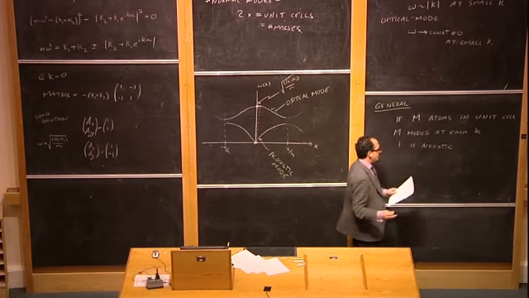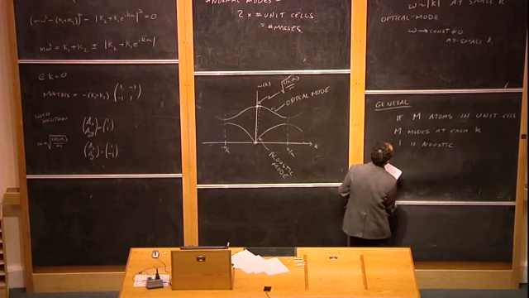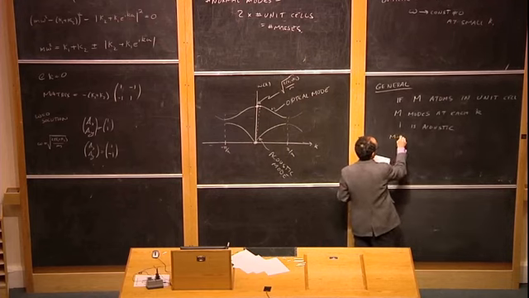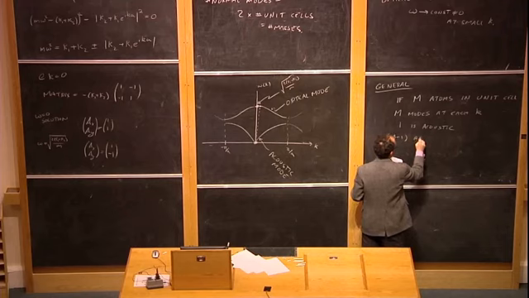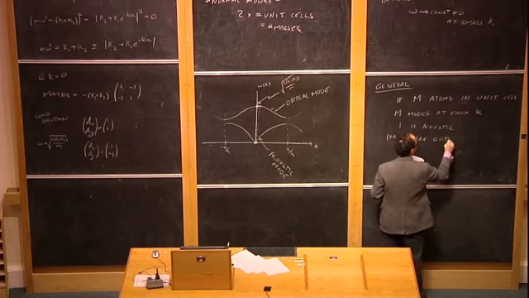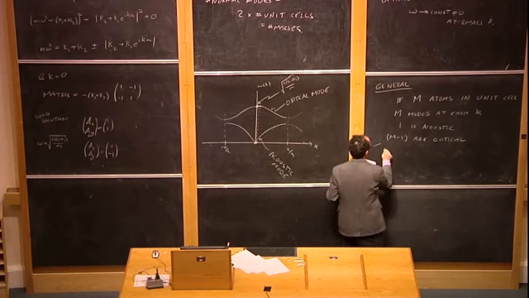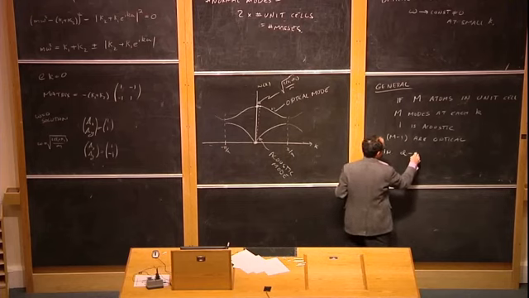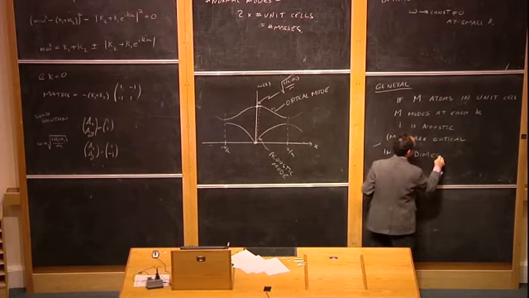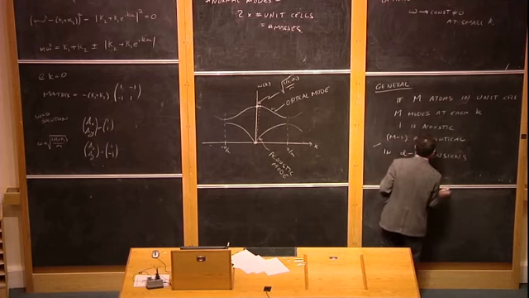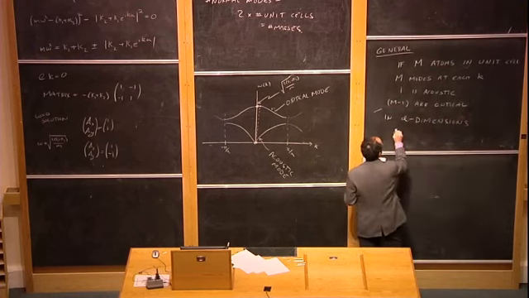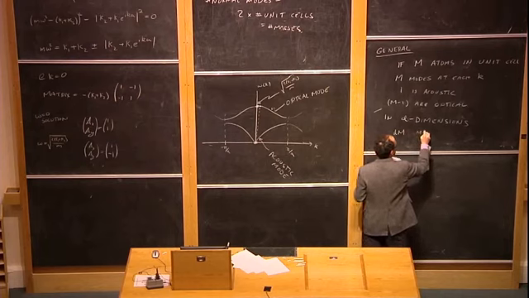That's the mode where everyone moves in the same direction at k equals 0. And then the remaining m minus 1 of them are optical, meaning they don't all move in the same direction at k equals 0. In d dimensions, there are d times m modes at each k.